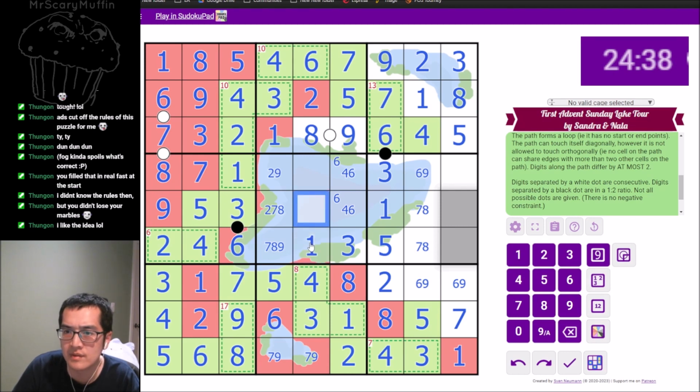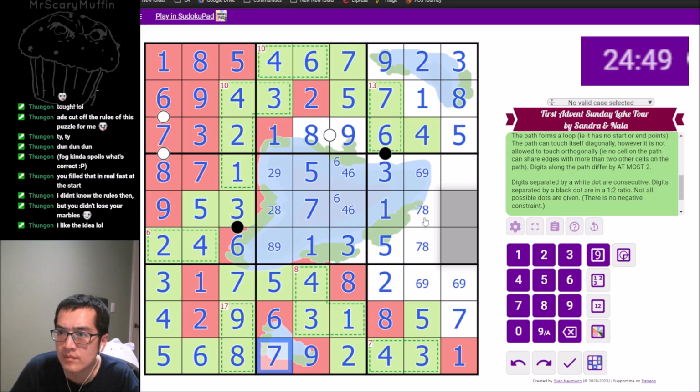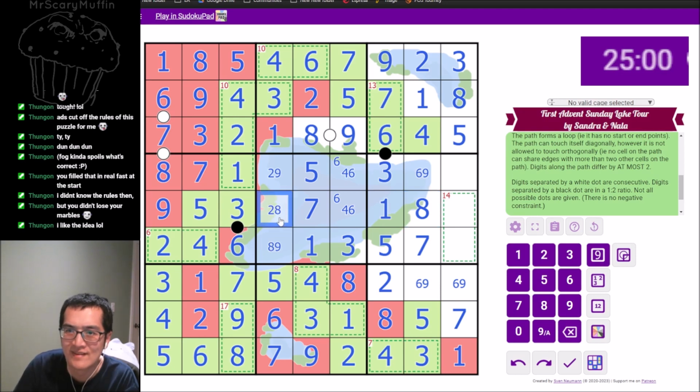This is a 1. 7, 9, 5? 7 here. You guys are not 7s. That one didn't clear when we did the thing. I'm scared that one's wrong. We'll see if it solves.